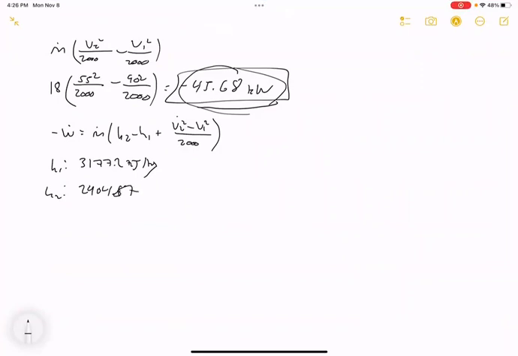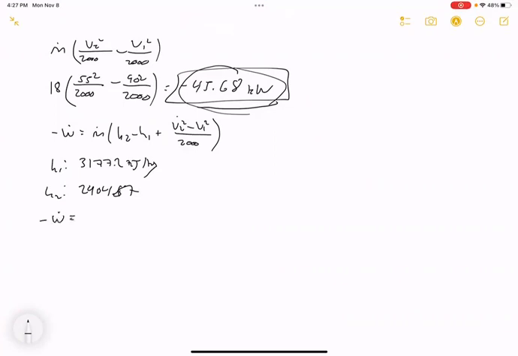Now we have everything we need to plug in and solve for the work. By convention, in the first law of thermodynamics this equation has minus W, but W can itself be positive or negative. We said for a compressor, work is always negative. For a turbine, though, the fluid does work on the turbine, it's an output, so it's going to be positive work. So let's solve and hope we get a positive number, otherwise we've done something horribly wrong.